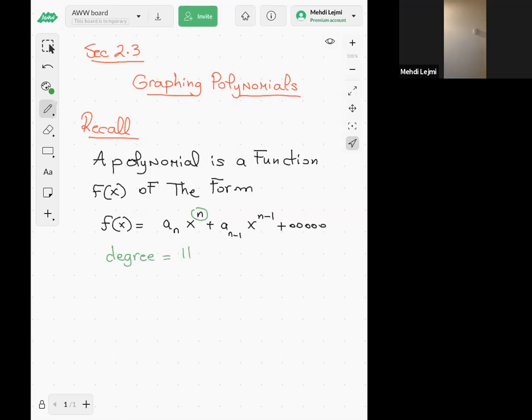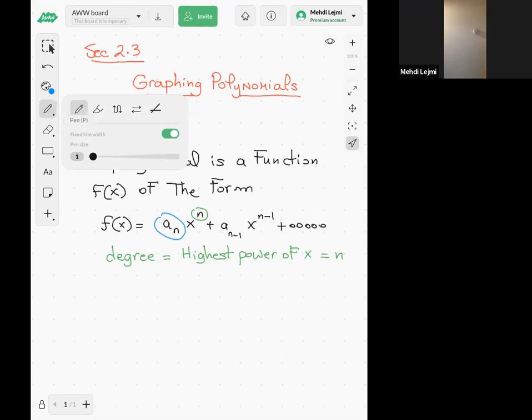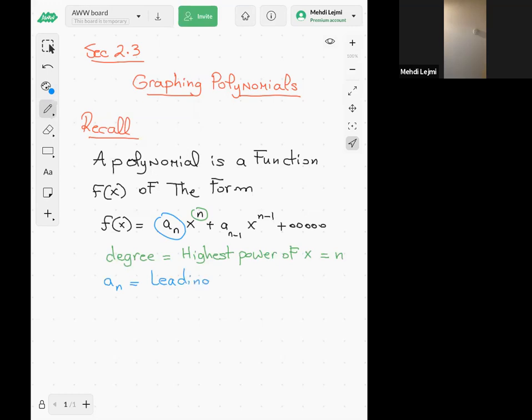That's our n. And the number in front of x to the power n, this a subscript n, is called the leading coefficient.